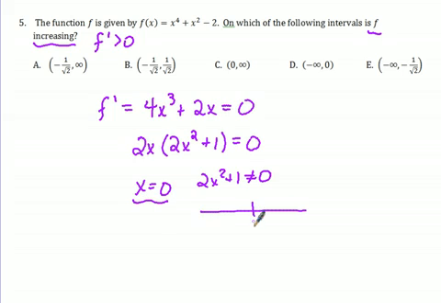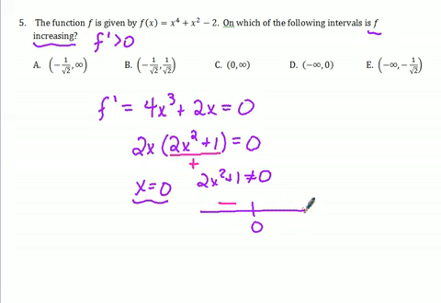So I'm going to do a sign chart with 0. And so I want to pick a number that's in this interval, like -1. I want to plug it into the derivative. So I'm going to plug it back in to this right here. Remember that we've already said that this part has to be positive. So if I plug -1 into this factor, then that comes out negative, and a negative times a positive would be negative.